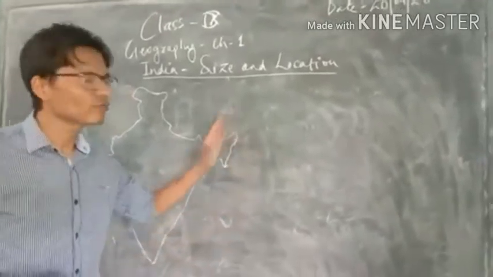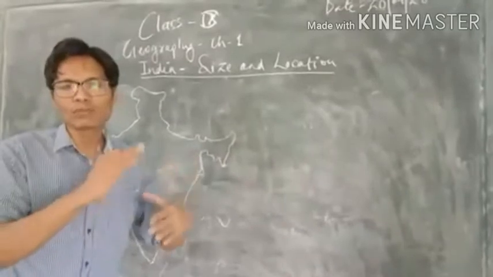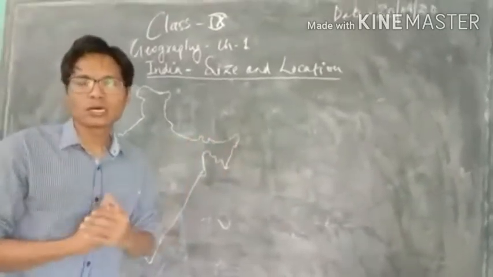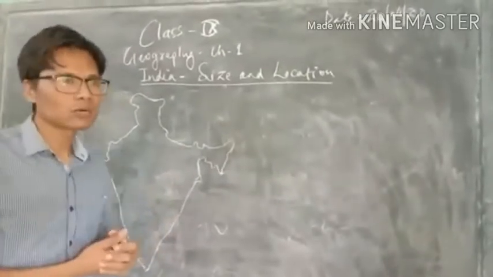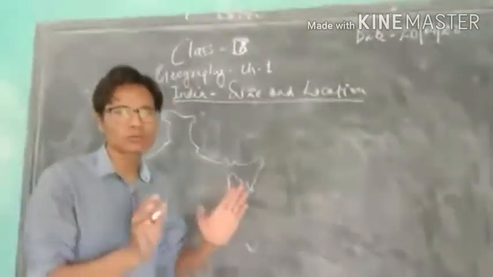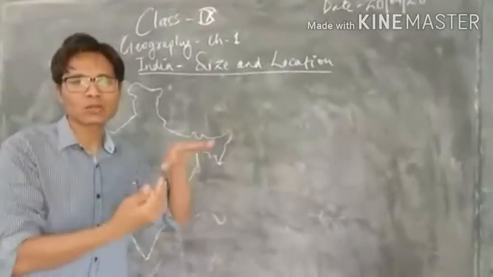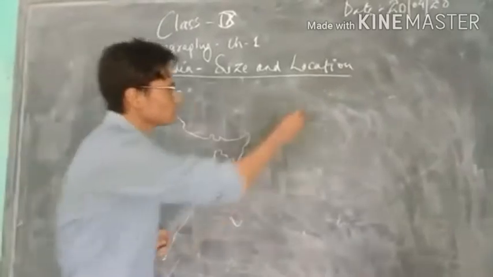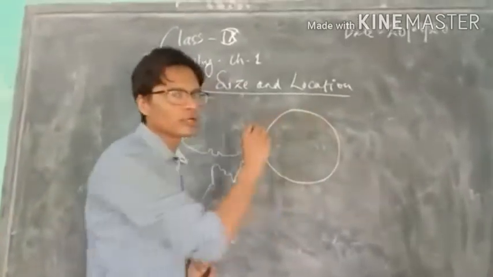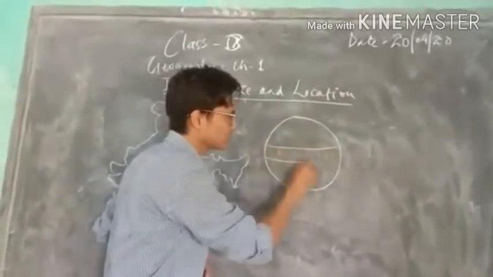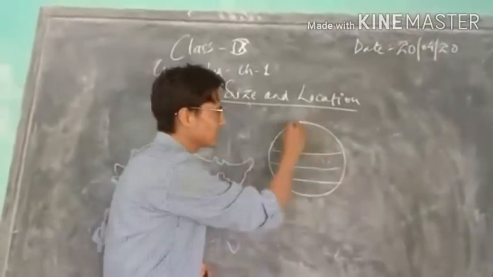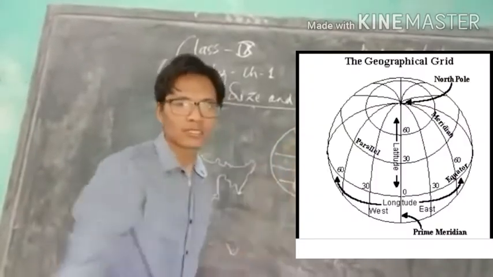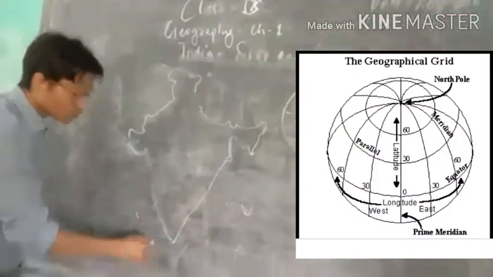So to find out the location of India in its longitudinal and latitudinal position: what is the position of India in the latitude and longitude grid? As I already told you, these are latitudes, and these vertical lines are longitudes.